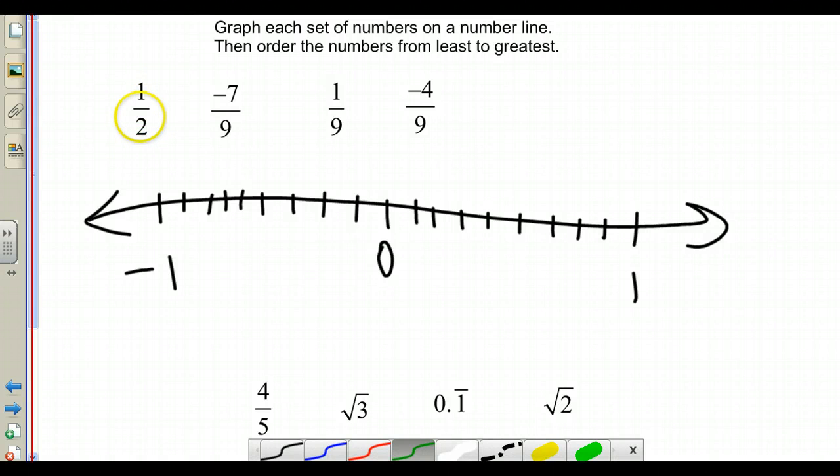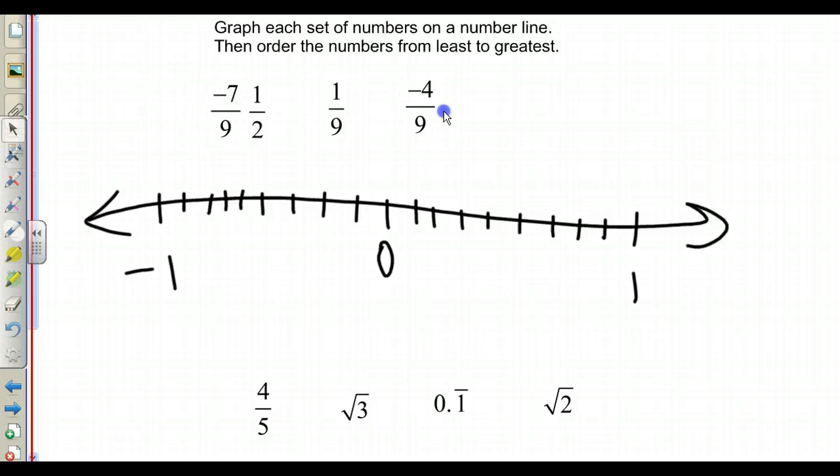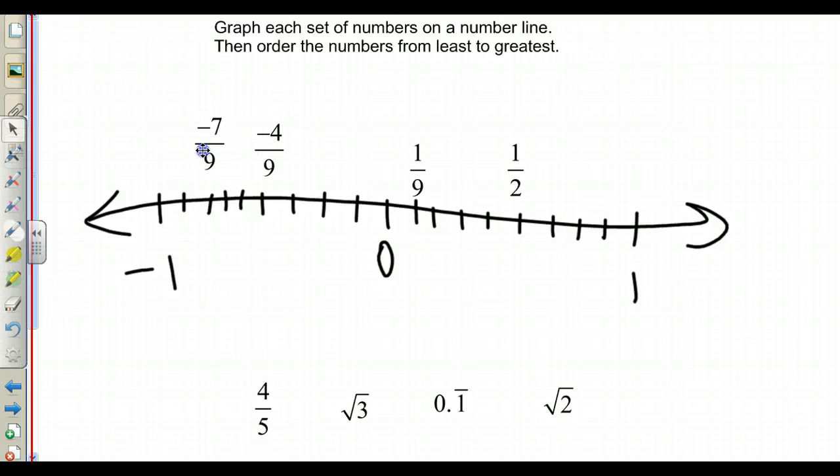1/2 would be somewhere over here-ish. We'll try to put it there exactly in a minute. 1/9 might be somewhere right here. -4/9 somewhere around there. And -7/9 somewhere around there.